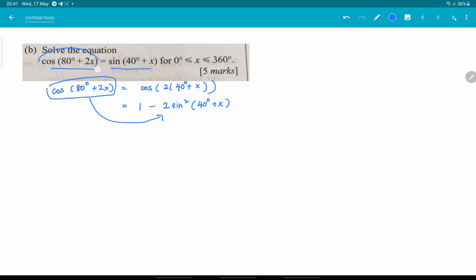We can substitute this into the equation and write it as 1 minus 2 sine squared (40 degrees plus x) equals sine (40 degrees plus x). Then we write it as a quadratic equation in terms of sine (40 degrees plus x).